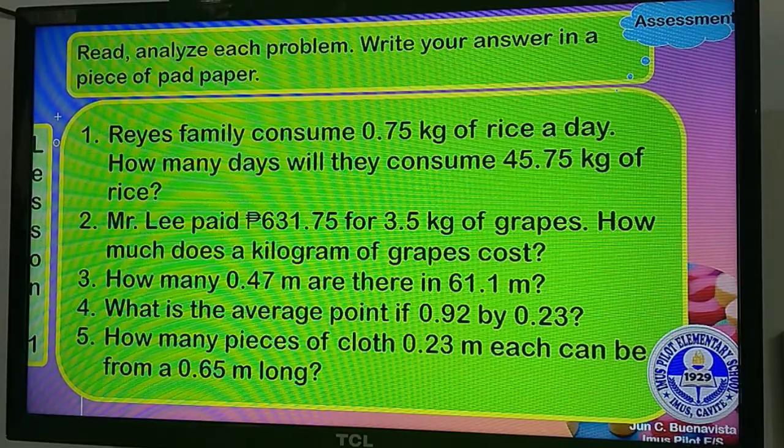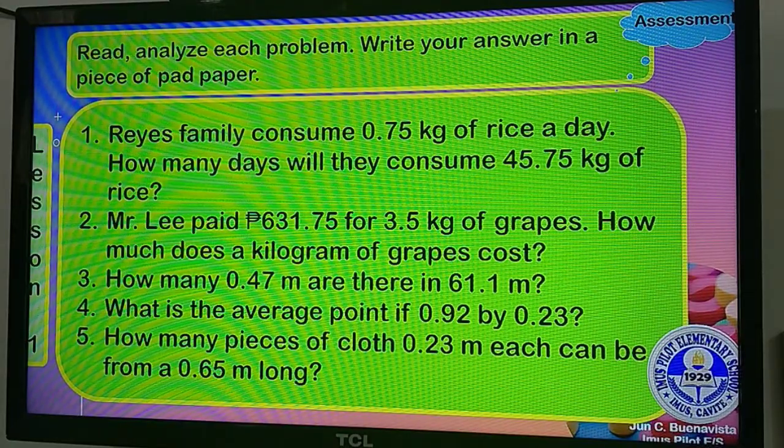Alright, for number 4, what is the quotient of 92 hundredths divided by 23 hundredths? Okay, for number 5, how many pieces of cloth 23 hundredths meter each can be formed from 65 hundredths meter long? Okay?